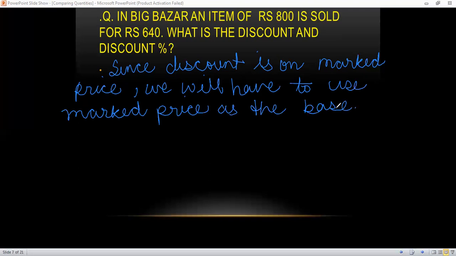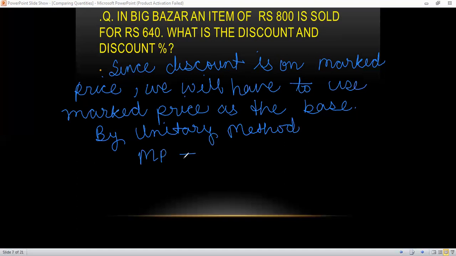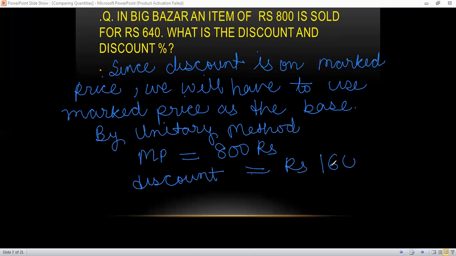So here also we can use the unitary method. As we know, MP, that is marked price, is equal to 800 rupees, and discount is rupees 160.